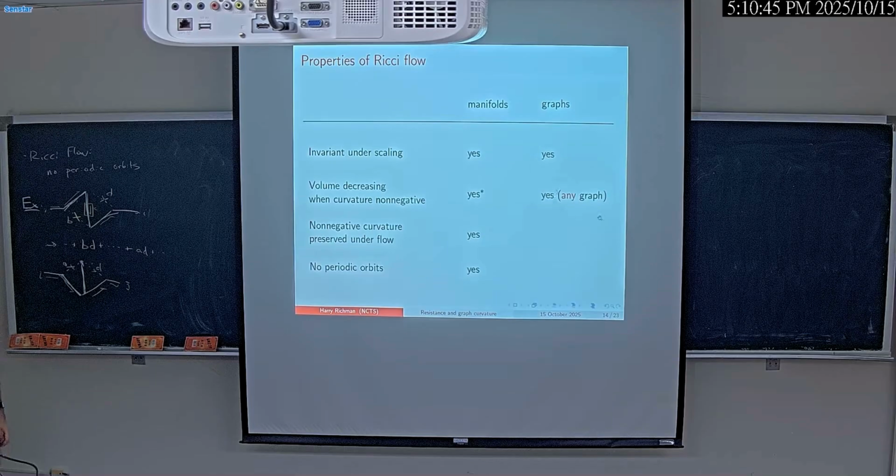But we have a slightly stronger property for graphs, because it's not just true under some assumption, but it's true for an arbitrary finite graph, because of this property from Foster's theorem. As a reminder, for any finite graph, if we sum over the edge curvatures, that always sums up to 1. So we always have positive overall curvature on a finite graph.